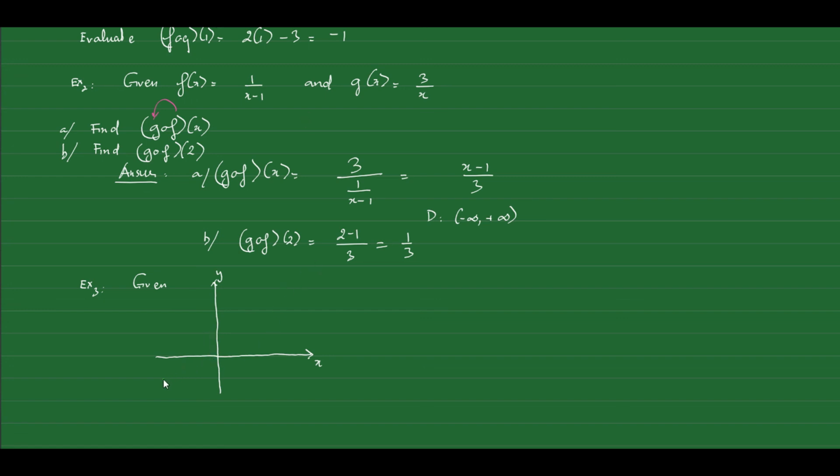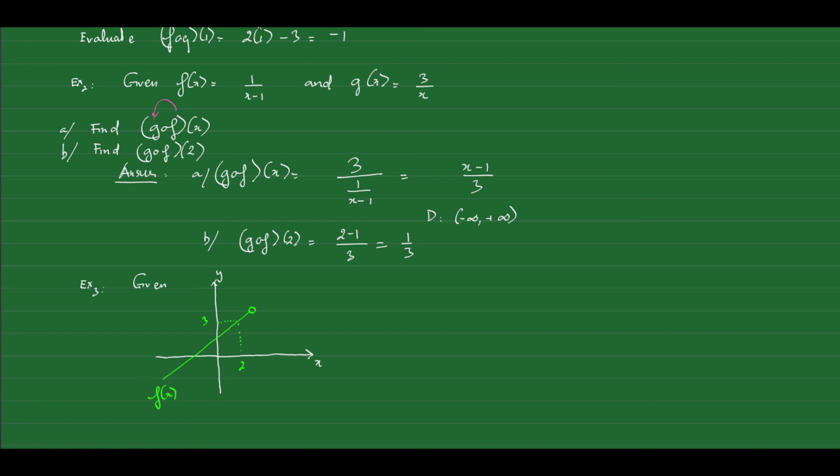Let's say that the first one is something like this, and this is 2, and this is 3. And I say this is the f function.